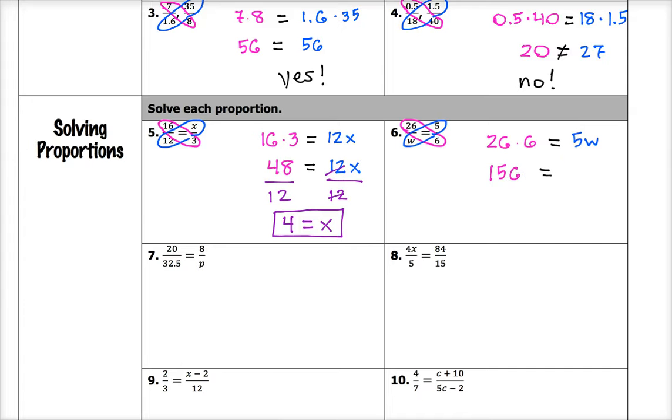So we have 156 equal to 5w, and then we'll divide both sides by 5. And 156 divided by 5 comes out to be 31.2. So w equals 31.2.